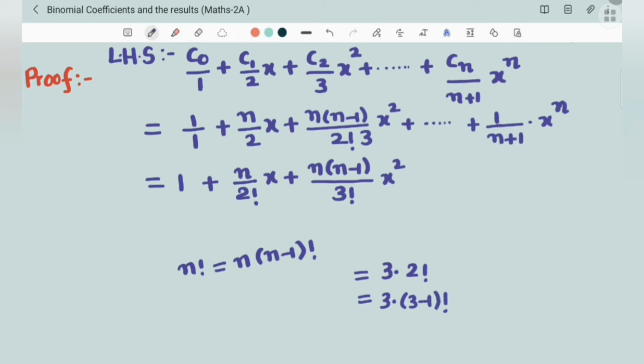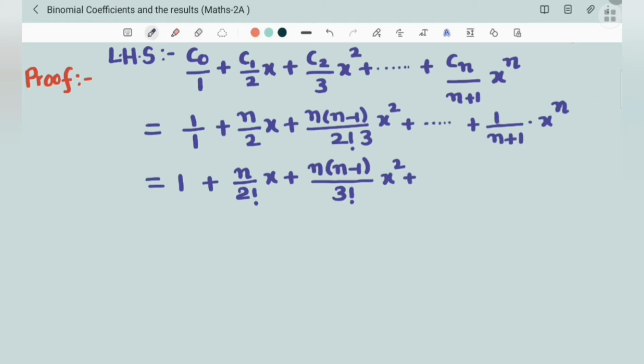Can I write like this? Is it in this form or not? n into n minus 1 factorial. So n is equal to what? 3 only, no? So 3 factorial can be written as 3 into 3 minus 1 factorial. That is, 3 factorial can be written as 3 into 2 factorial. So wherever 3 into 2 factorial is there, we are writing it as 3 factorial. I hope everyone understands, dear students. I clearly explained for understanding purposes. After that, you can write it directly.